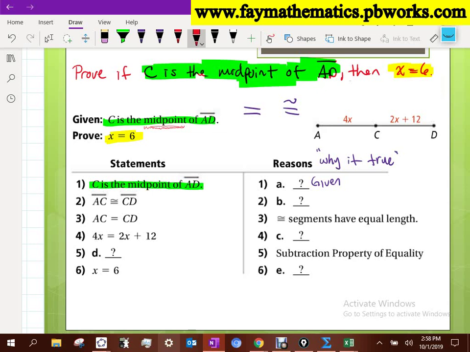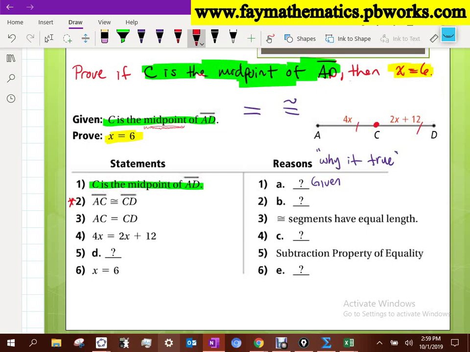Would you guys agree that if C is the midpoint here of A to D, then AC, that segment, would be the same length as CD? And that's what they write right there. So the midpoint vocabulary word produced statement number 2.